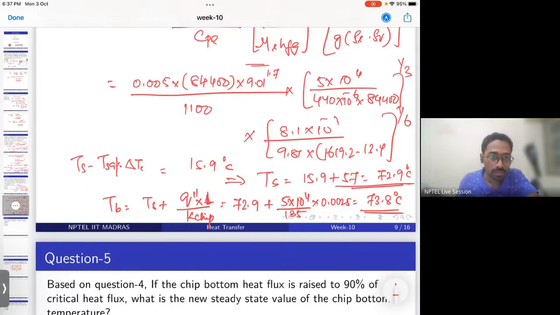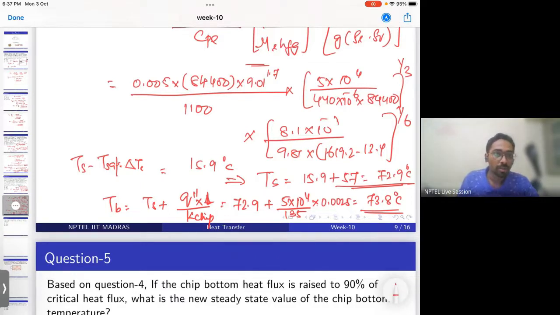Let me calculate it once. The answer is right, 73.8 degrees Celsius.